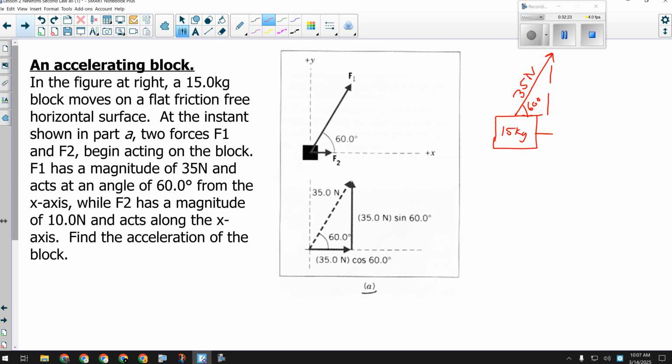And then 10 newtons horizontally. So what's really happening here is we're looking down on this. So it's on a table and we're looking down on it.